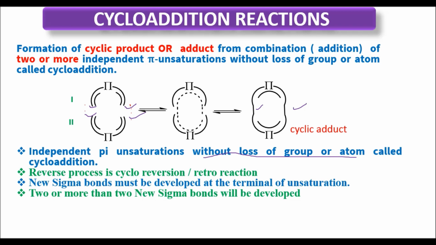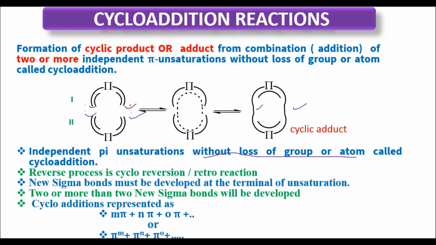These reactions are represented by m pi plus n pi plus o pi and so on, or pi to the power m plus pi to the power n plus pi to the power o and so on. What are m, n, o? These are the numbers of pi electrons in the reaction.